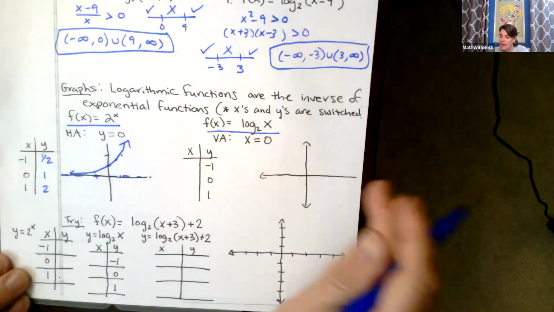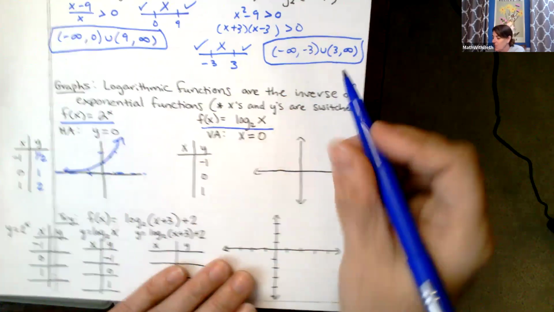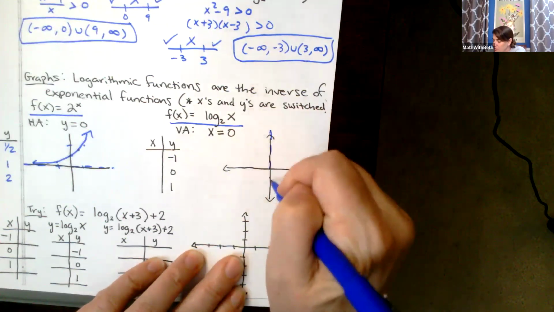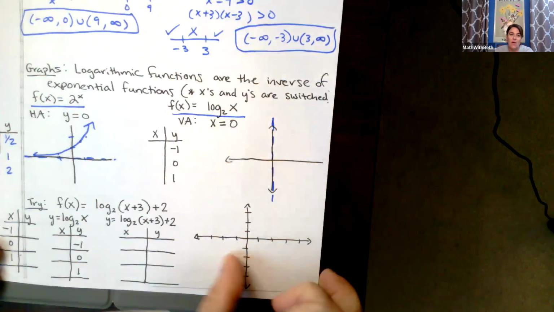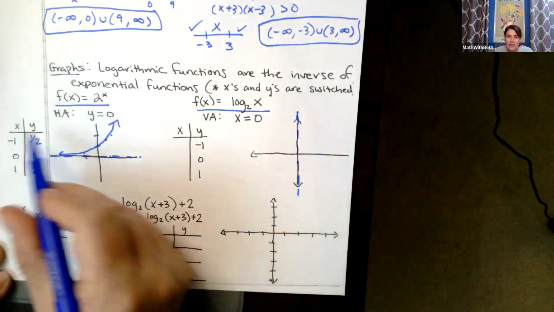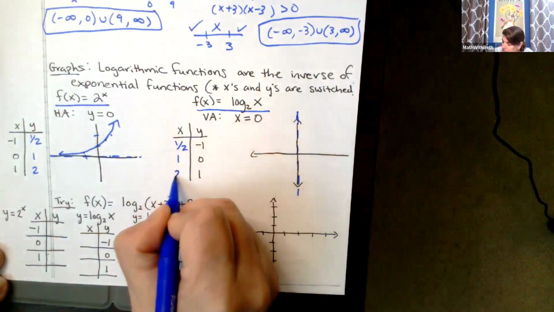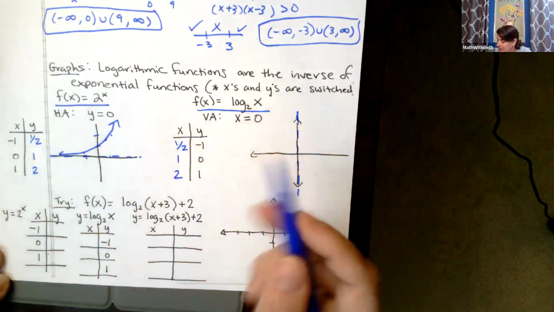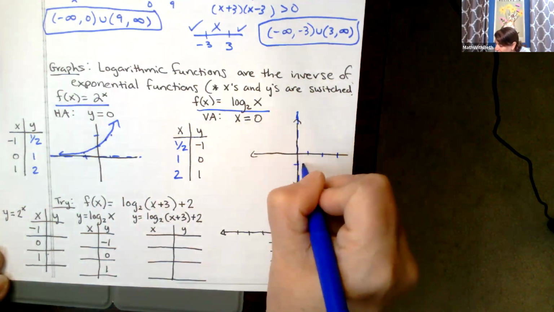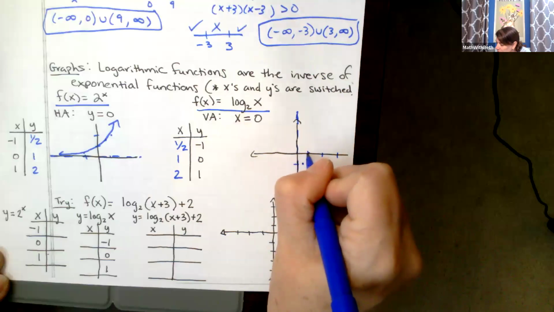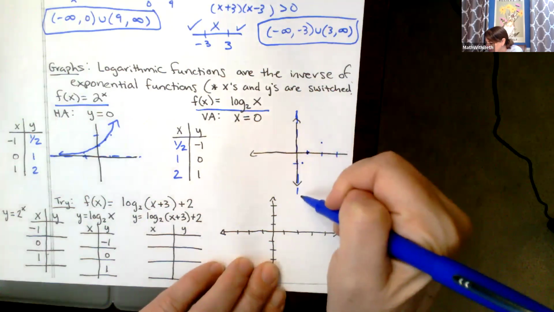So now we're just going to switch all x's and y's. So instead of having a horizontal asymptote, we're going to have a vertical asymptote at x equals 0. So that's the first step. And then all of my x's and y's that I did here are now going to switch. And so if I plot these carefully, 1/2, -1 would be here, 1, 0 would be here, 2, 1 would be here, and that's my asymptote.